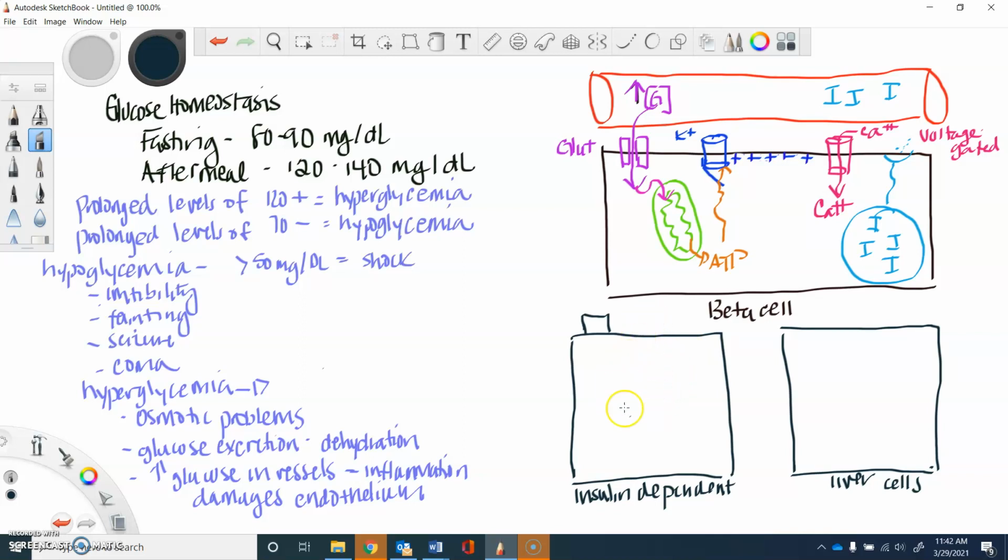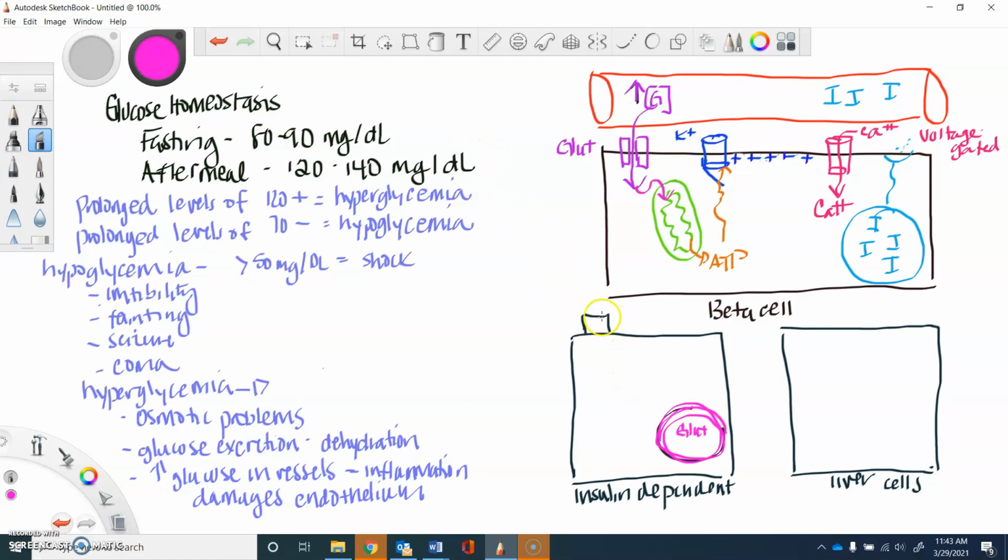Okay, so basically inside the insulin dependent cell, I'm trying to use colors because it just looks better. All right, so inside there are vesicles, and in those vesicles are proteins that form transporters called GLUT transporters.